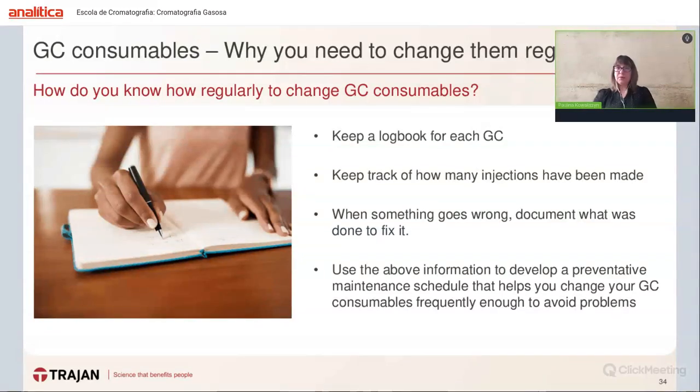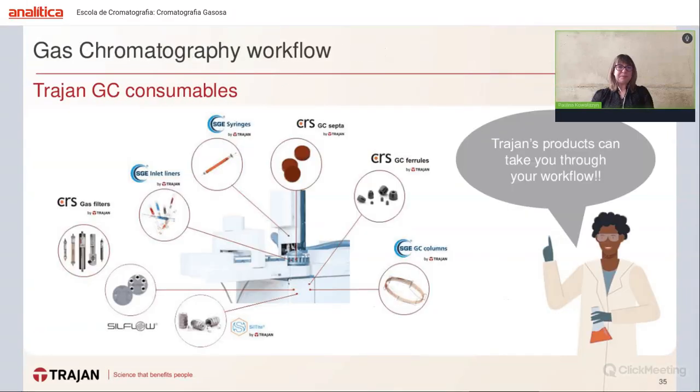We should keep a logbook for each GC, so keep track of how many injections have been made. When something is going wrong, we should document what was done to fix it. Also, using all the information from our logbook, we are able to develop a preventative maintenance schedule, which will help us to improve our work and reduce the downtime of our GC.